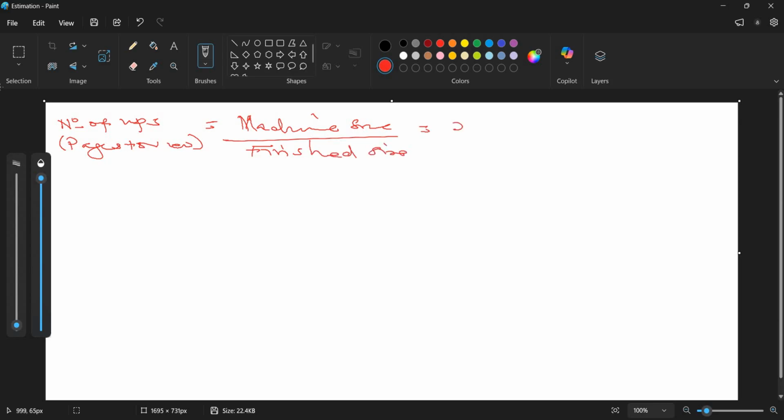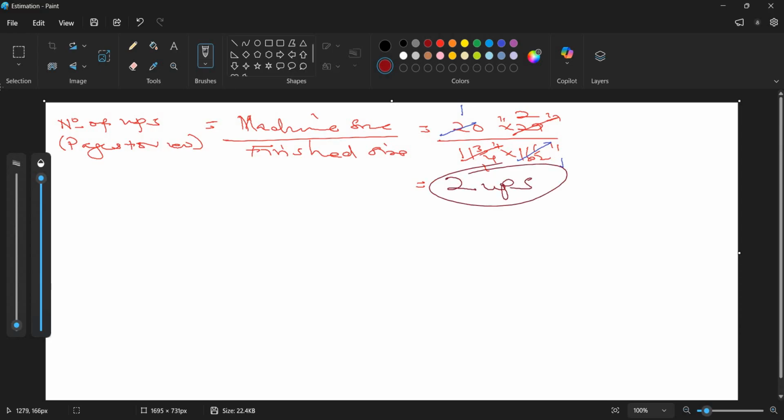Alright, so what's the machine size? 20 by 29 inches, and then the finished size is an A3 landscape, so 11 3/4 by 16 1/2, right? Okay, so 11 3/4 here 2, 16 1/2 here 1, here 1. So how many ups do we have? We have 2 ups. So now you get why I said when they say that 2 ups is the same as the 4 pages to view.